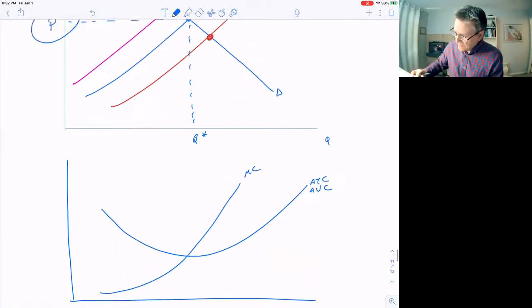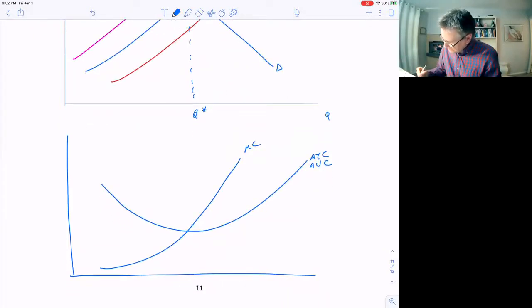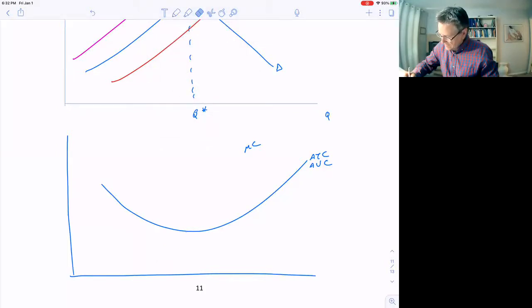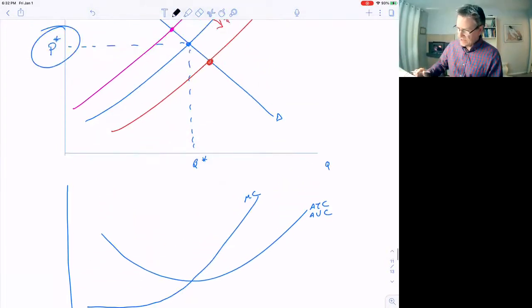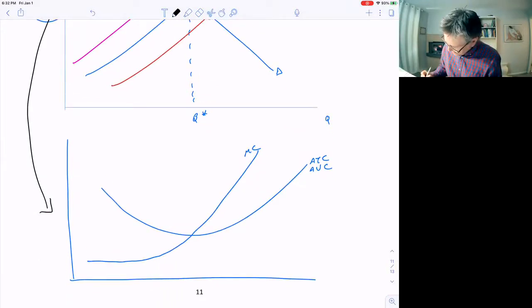And that will mean that this P star, let me draw this properly. This should intersect the bottom. That P star price that's determined in this market here will be right there at the bottom. Try to draw this right.